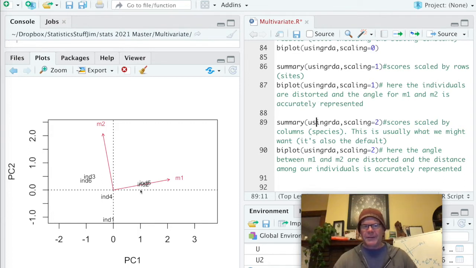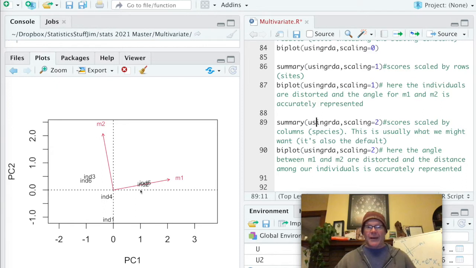One thing I should mention here, because otherwise it might confuse people. As I mentioned, vegan was invented for plant ecology. And so that means that when you give it data, it is assuming that each row is a site and each column is a species. Here, each row is an individual and each column is a measurement.